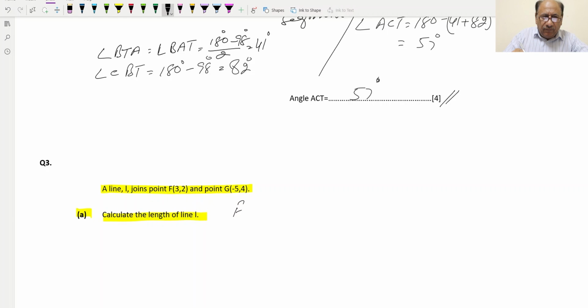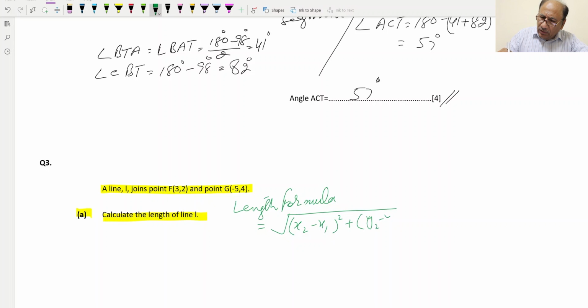So if we write the length formula first, what will be the length formula? The length formula will be the square root of (x2 minus x1) squared plus (y2 minus y1) squared, and this will be our length formula. And what else we can do?